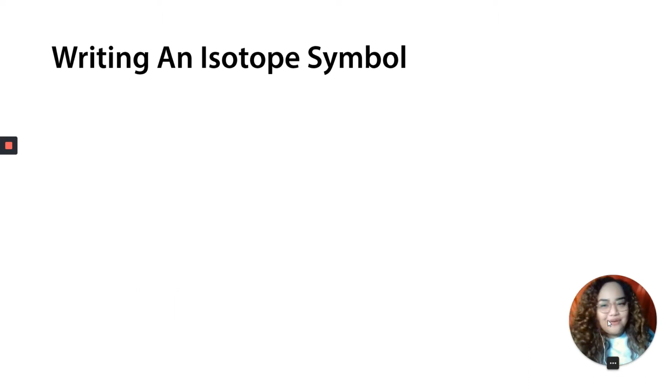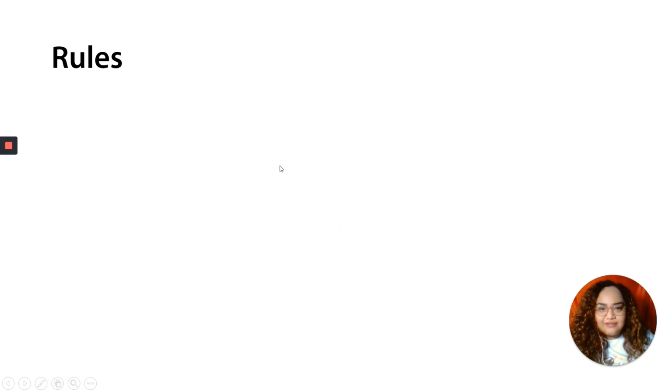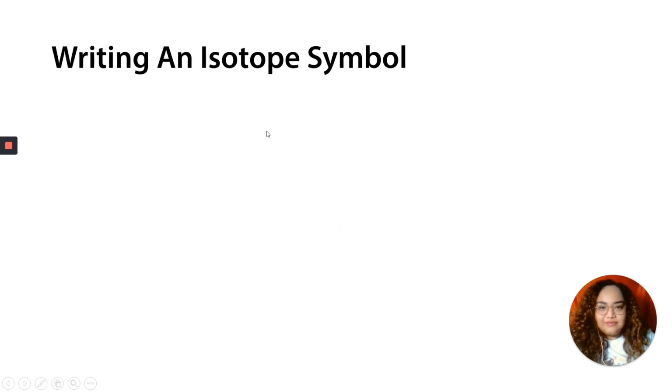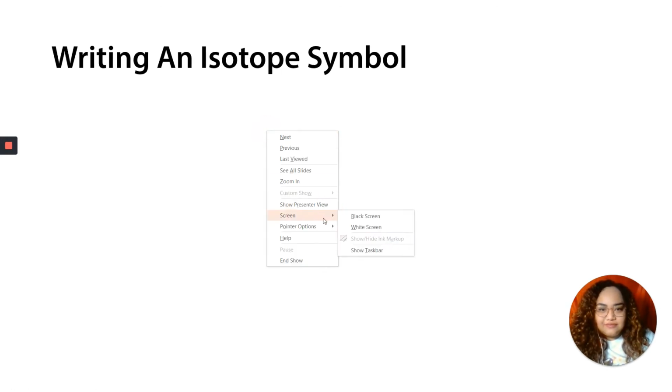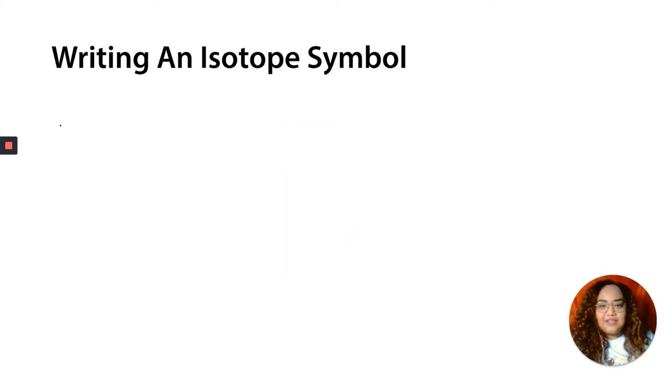So let's go to writing an isotope symbol. Now, in writing an isotope symbol, you will have the element right in the middle. This will be your chemical symbol of the element.